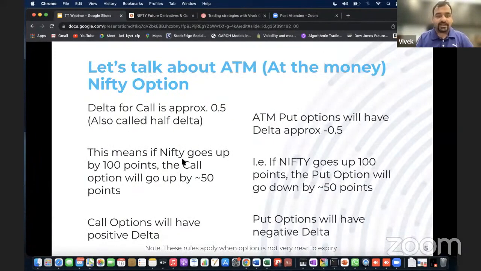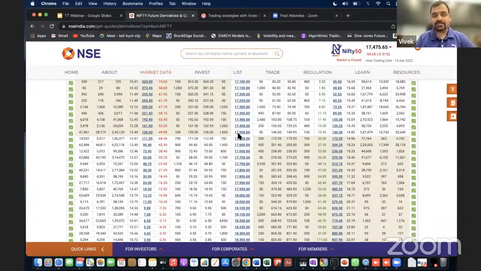Okay. And call options will always have positive delta because as the market goes up, call options are expected to go up. Put options, on the other hand, will have a delta of approximately negative 0.5 for the ATM put. The 17,500 put is around 146 right now. If tomorrow Nifty goes up 100 points, we can expect this option to fall by about 50 points, so it will become probably 96.